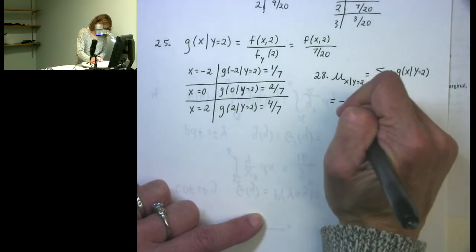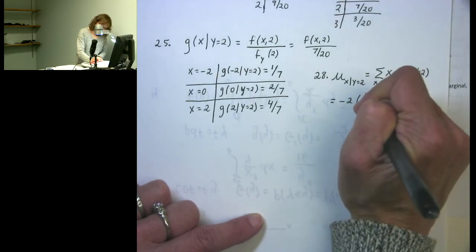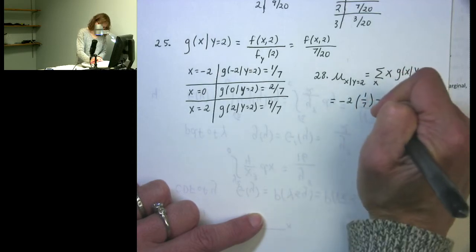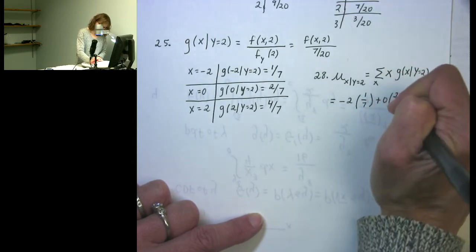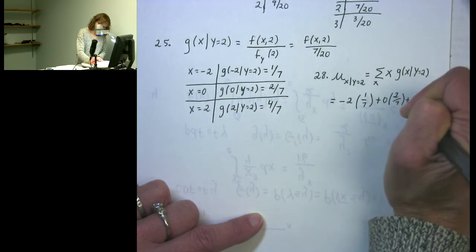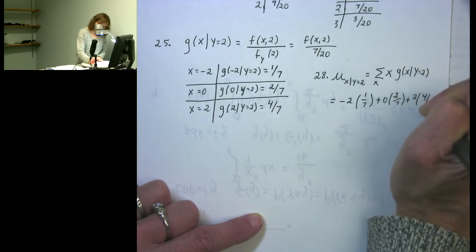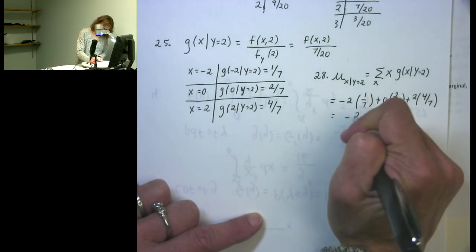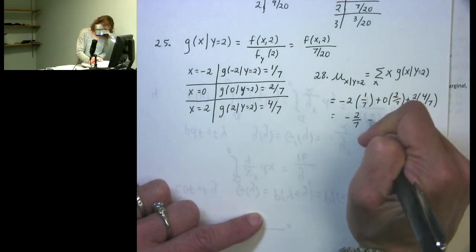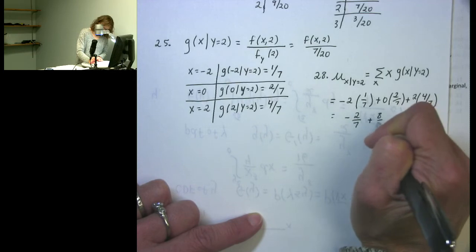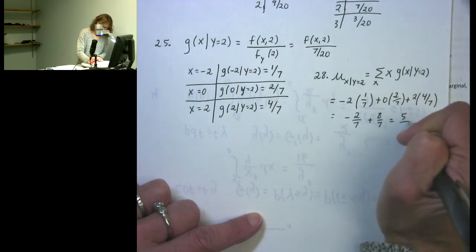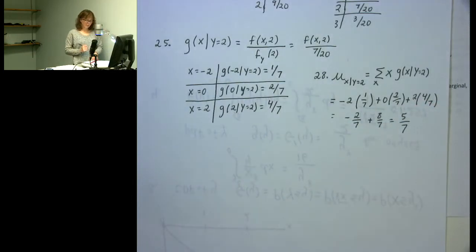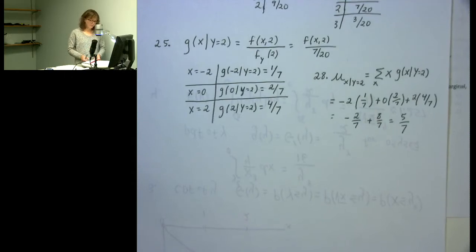So it's going to be negative 2 times 1/7 plus 0 times 2/7 plus 2 times 4/7, which gives me minus 2/7 plus 8/7, which is equal to 5/7. So there's my answer for 28.